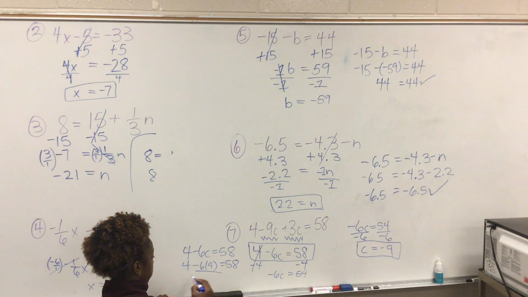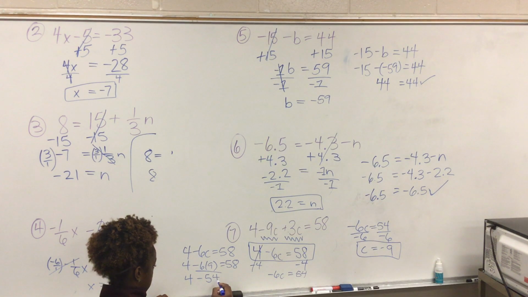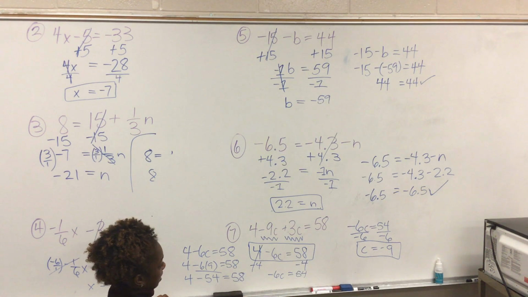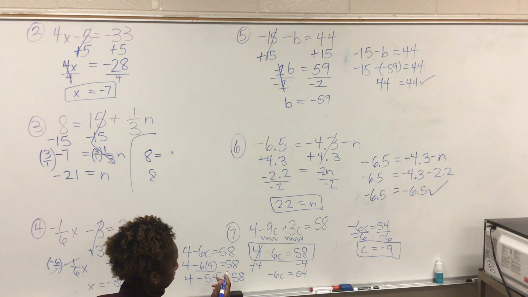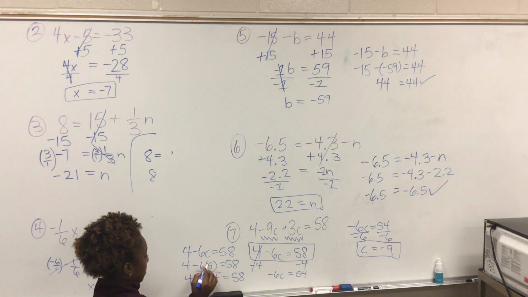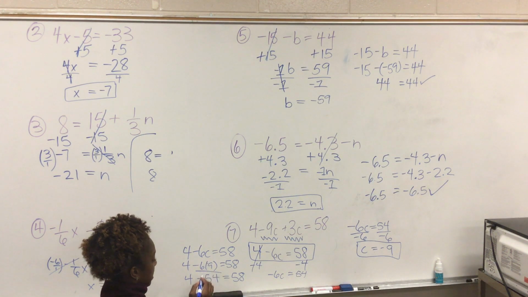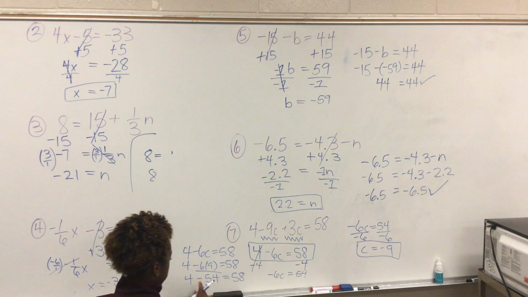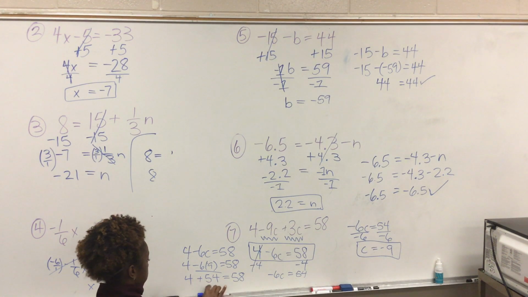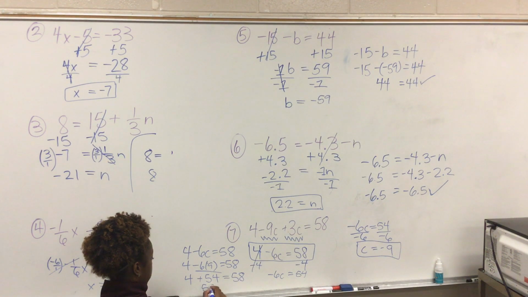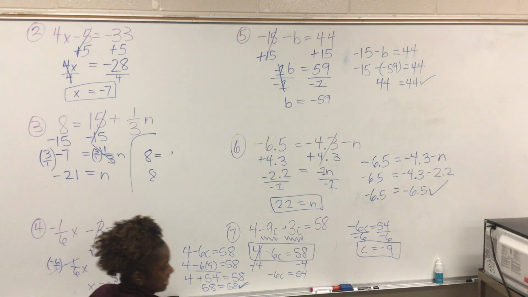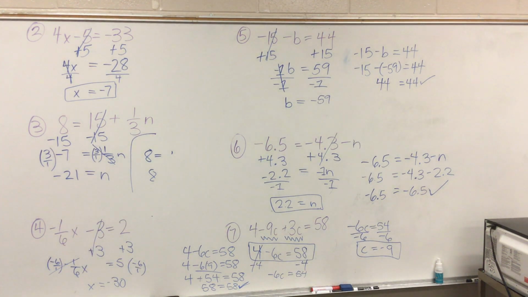You do multiplication first, so that's 4 minus negative 54 equals 58. Oh, happened again. My 9 should be negative. My answer was negative 9, so this should have been positive 54, alright? 58 equals 58. And that's how I know that is my answer.